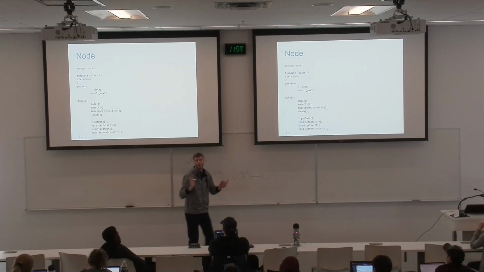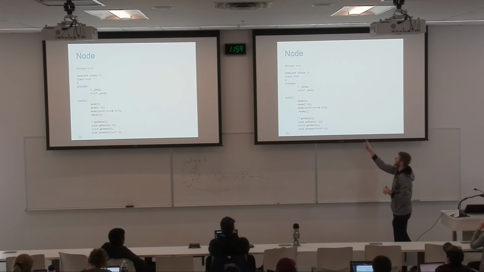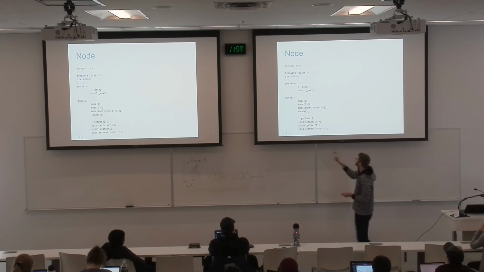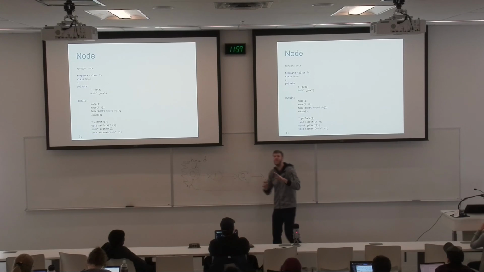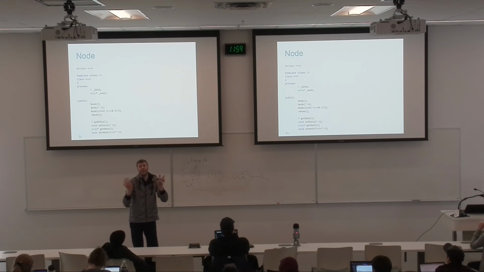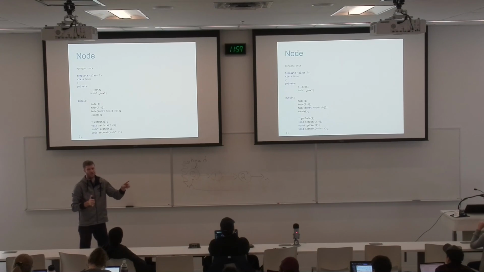I can do whatever I want. So when we say template class T, that's telling C++ this is generic, because the type isn't known yet, it's just a variable. I'm pretty sure in C++ it doesn't have to be T. T is just the convention.